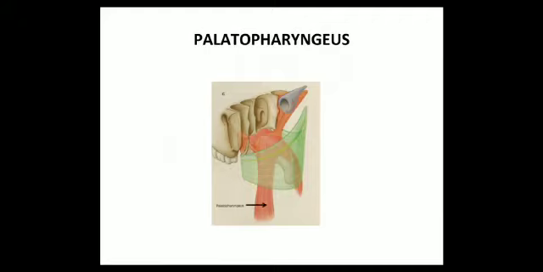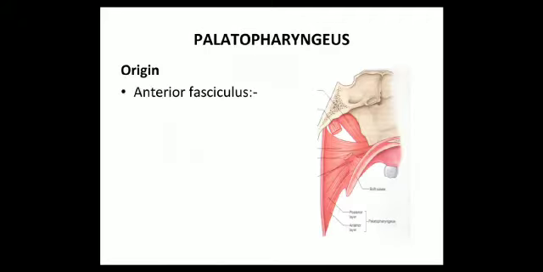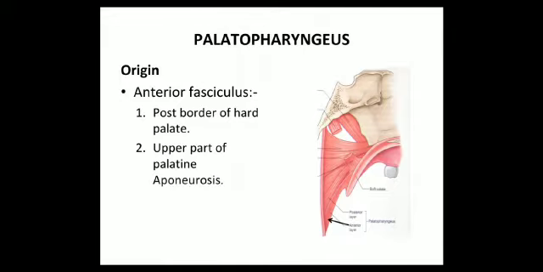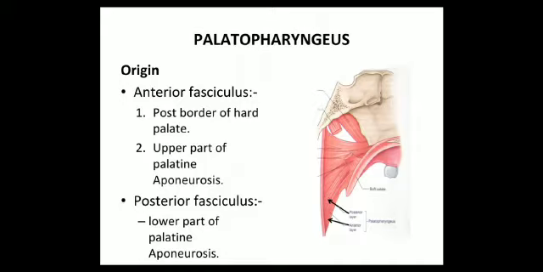Palatopharyngeus, it arises from two fasciculi. The anterior fasciculus arises from the posterior border of the hard palate and the upper part of the palatine aponeurosis. The posterior fasciculus arises from the lower part of the palatine aponeurosis.